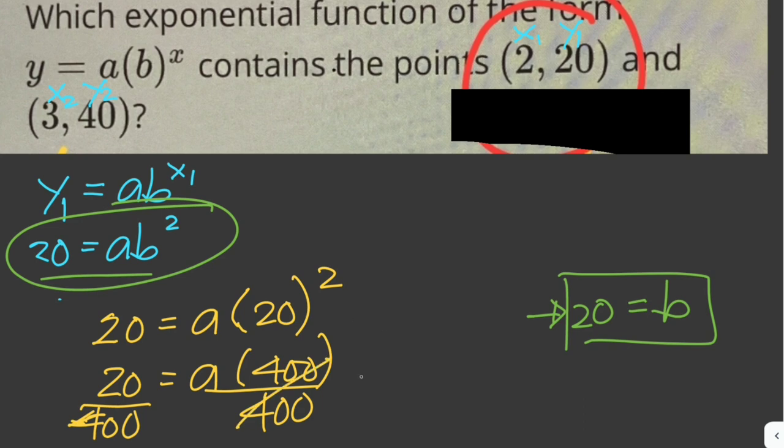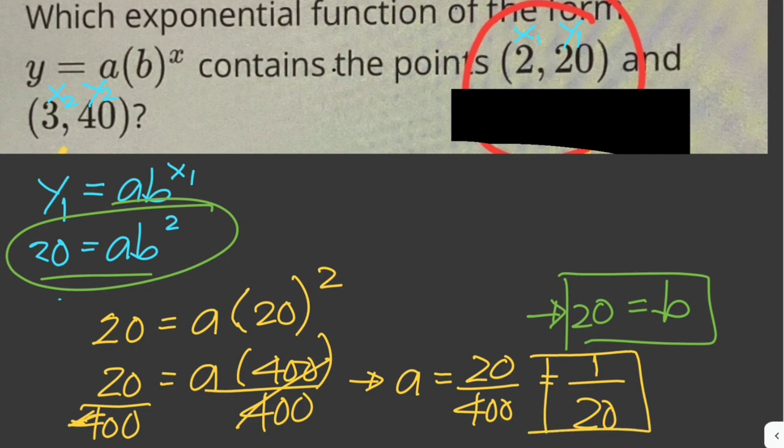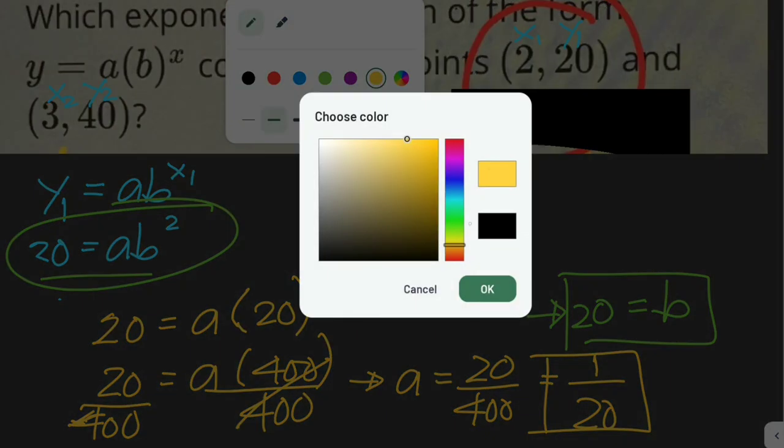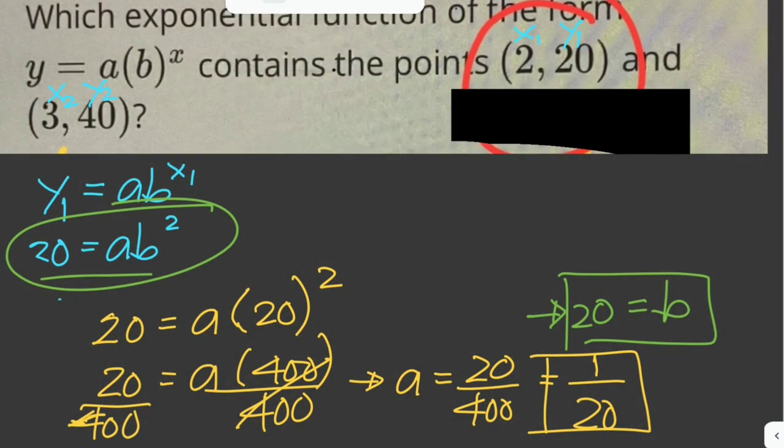Then this cancels out. Therefore, our a is just equal to 5. So this is the value for our a. Now we can write the exponential function y equals a b to the x.